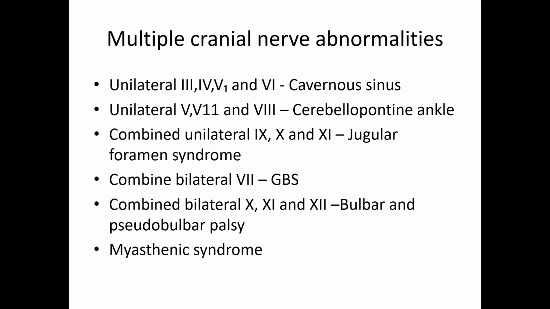So when you look at this slide, you can work out the site of the lesion. Use this slide, use the brainstem test, and use the anatomy, and you can pinpoint where the site of lesion is. And if you can't pinpoint anything, ophthalmoplegia everywhere, dysarthria, it is most likely myasthenia gravis syndrome. Okay.